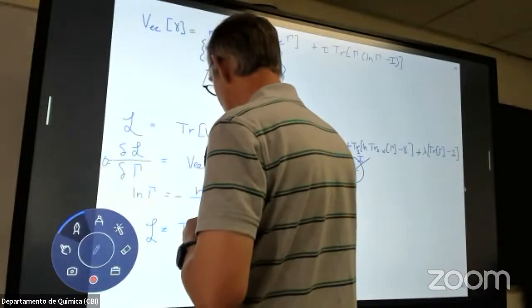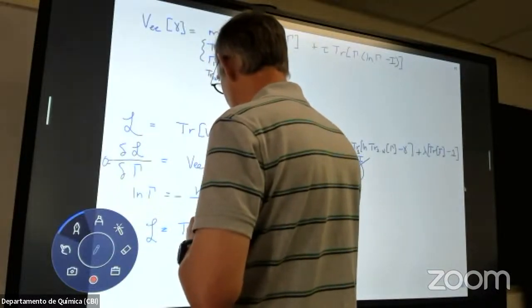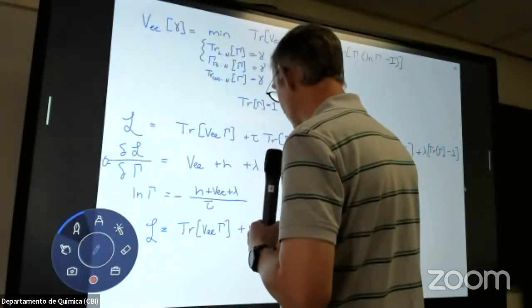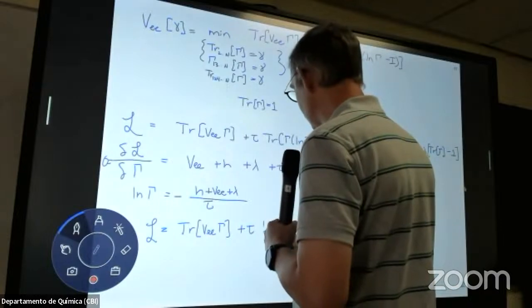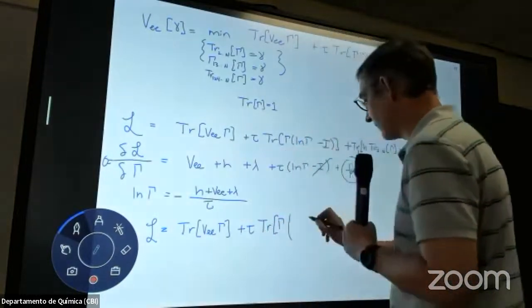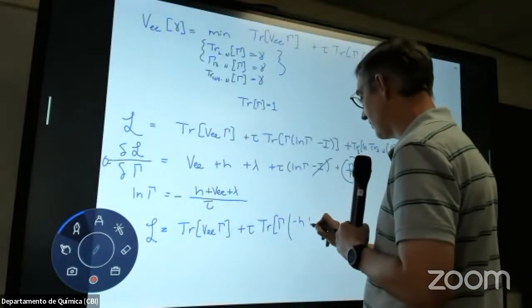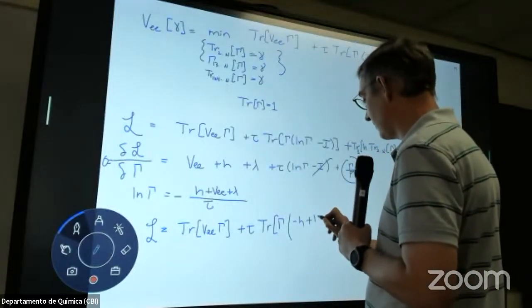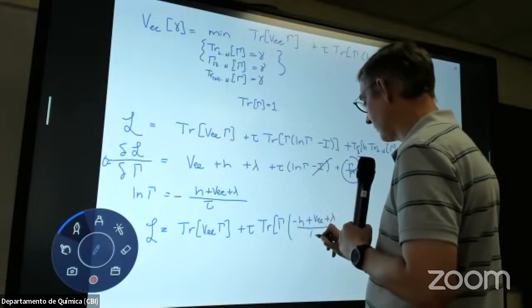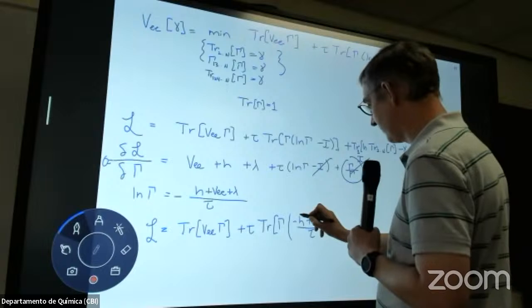Trace of VE gamma plus tau trace of gamma times minus H plus VE plus lambda over tau.